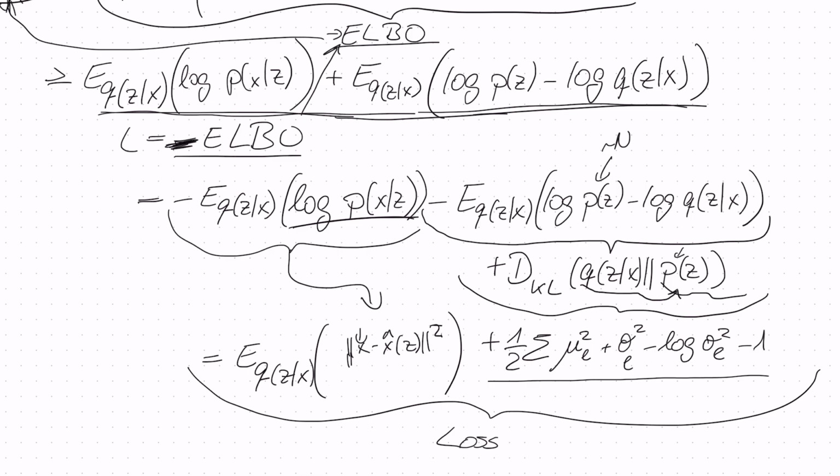And why did we split it? Because by doing that, we notice that this left term is the definition for the negative KL divergence. Since it is the negative KL divergence, minus and minus becomes plus, so we have plus the KL divergence.